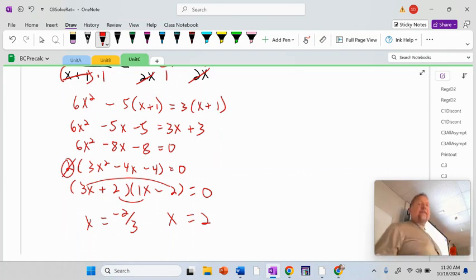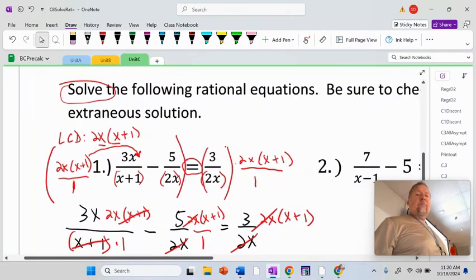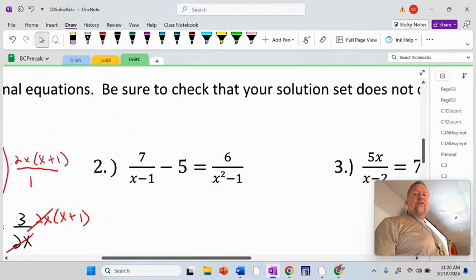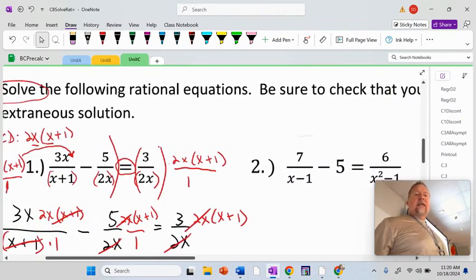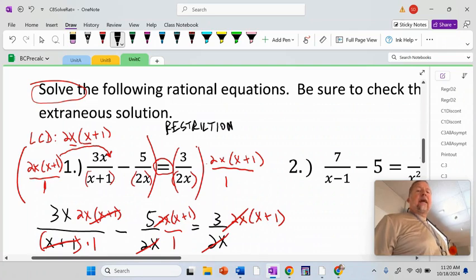Now, here's what I should have checked. Let's look up here at the beginning. Be sure to check that your solution set does not contain an extraneous solution. What you should put up here is restrictions. What are my restrictions? What can't x equal? X cannot equal, just look at the black and ignore all the red.